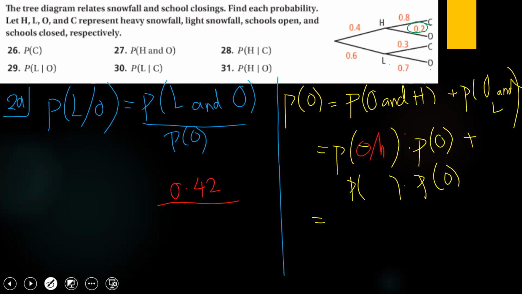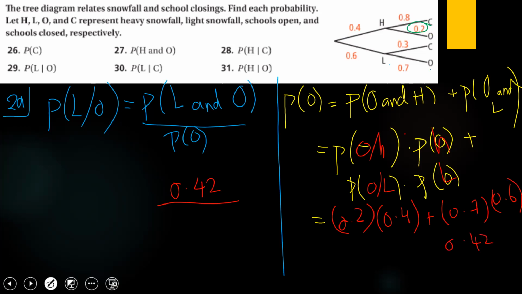O given H, and down here it is O given L. Okay, so O given H is 0.2 times the probability of H. What is the probability of H? It is 0.4, plus O given L, 0.7, times the probability of L, 0.6. Then 0.08 plus 0.42 is 0.50. So here also the probability of O is 0.50.